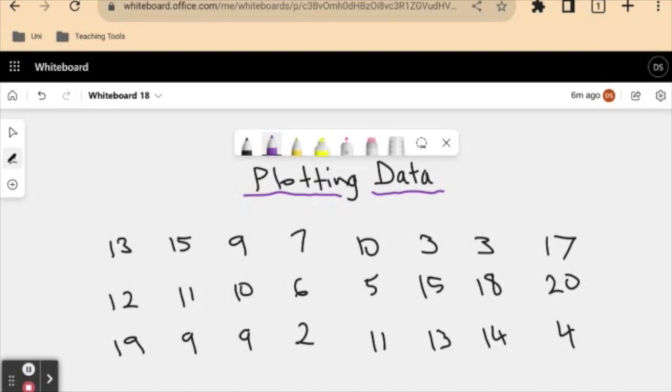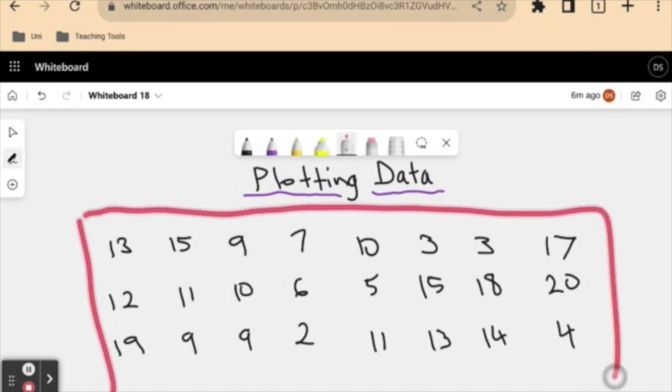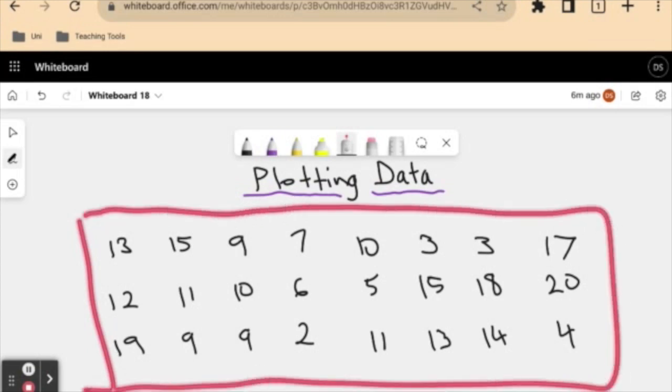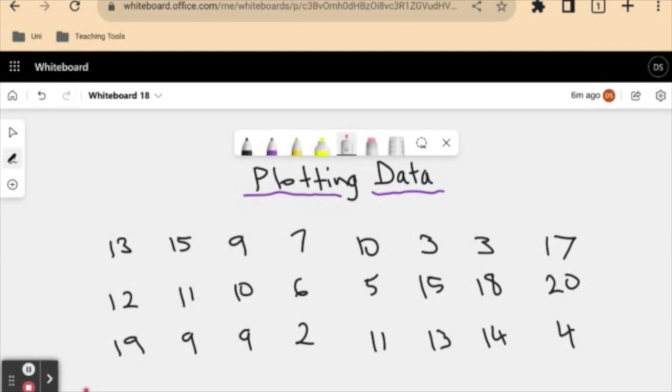Now, what have I drawn here? I have a bunch of numbers written out. And let's say this is the data collected from a class, say a year 7 class in high school. And this is the results of their maths test, and the marks are out of 20.